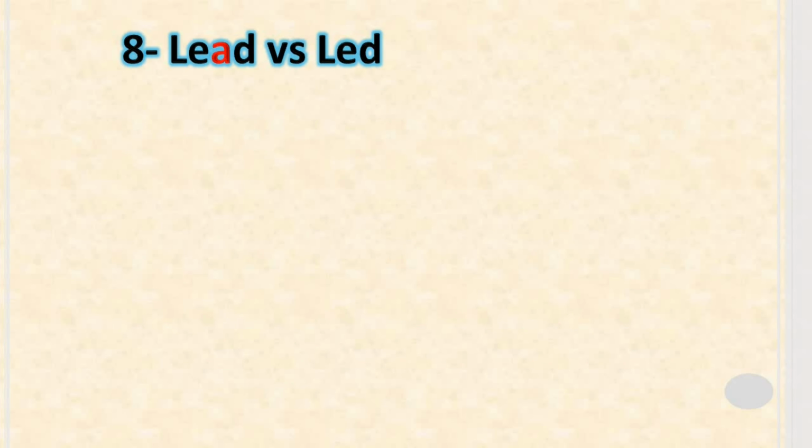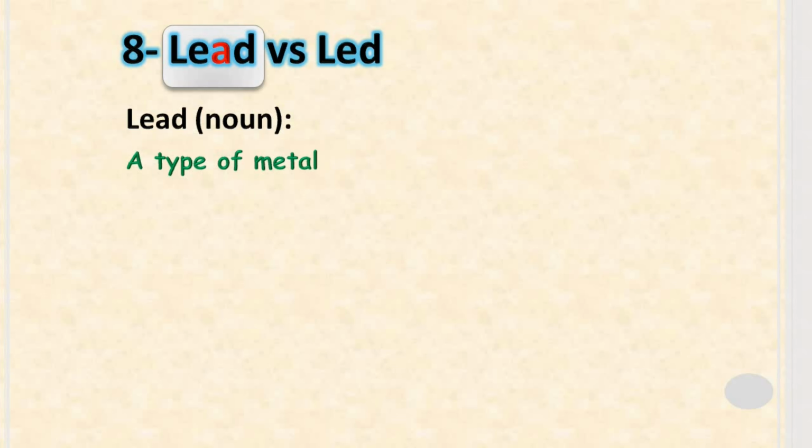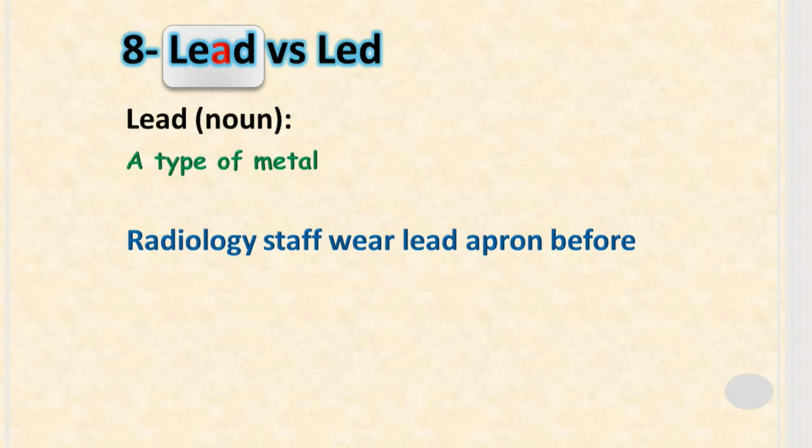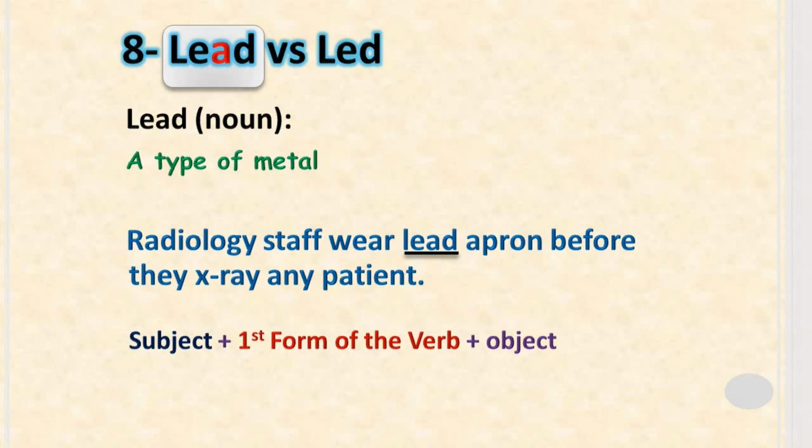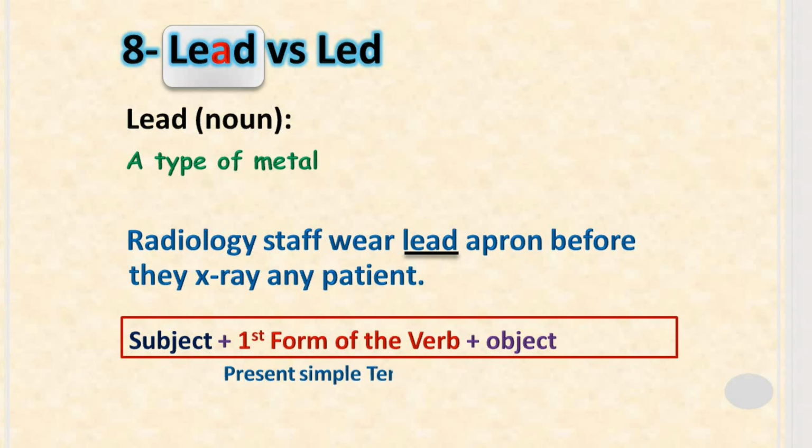These both words are pronounced as lead, but they are different in spelling and they have different meanings as well. Lead is a noun. The first one is a noun, a type of metal. Radiology staff wear a lead apron before they x-ray any patient. So subject, first form of the verb plus object is present simple tense.